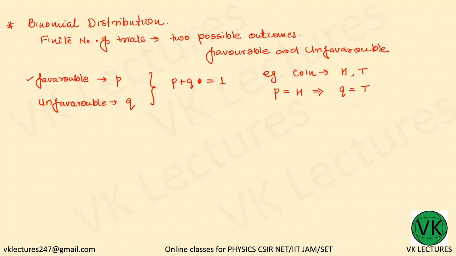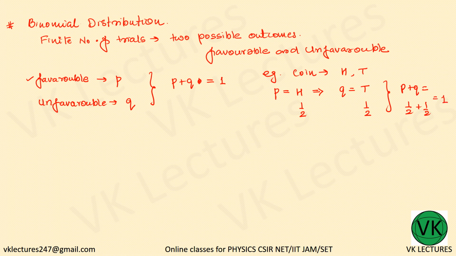What is the probability of getting head? That is equal to 1 by 2. Getting a tail is 1 by 2. So P plus Q, 1 by 2 plus 1 by 2, is equal to 1.